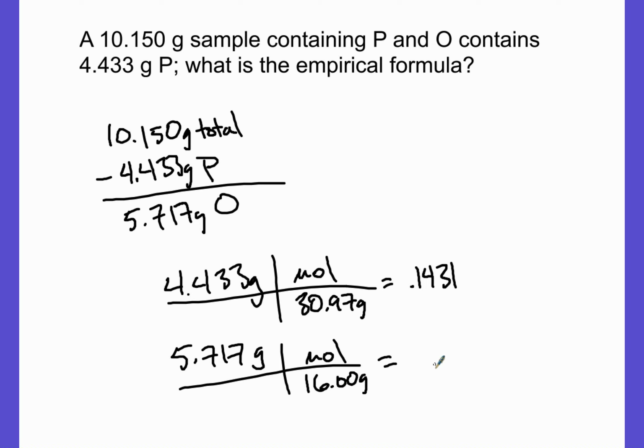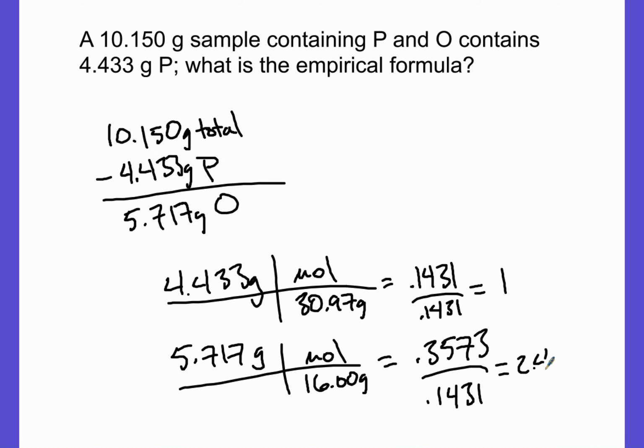And that's going to give me a value of 0.3573, right? And when I divide by the smallest in this case, something weird's going to happen, right? This is a 1. That's not weird. But when I divide by 0.1431 in this case, I actually get a value that says 2.497. Now that's not very close to a whole number, but it's very close to a half.